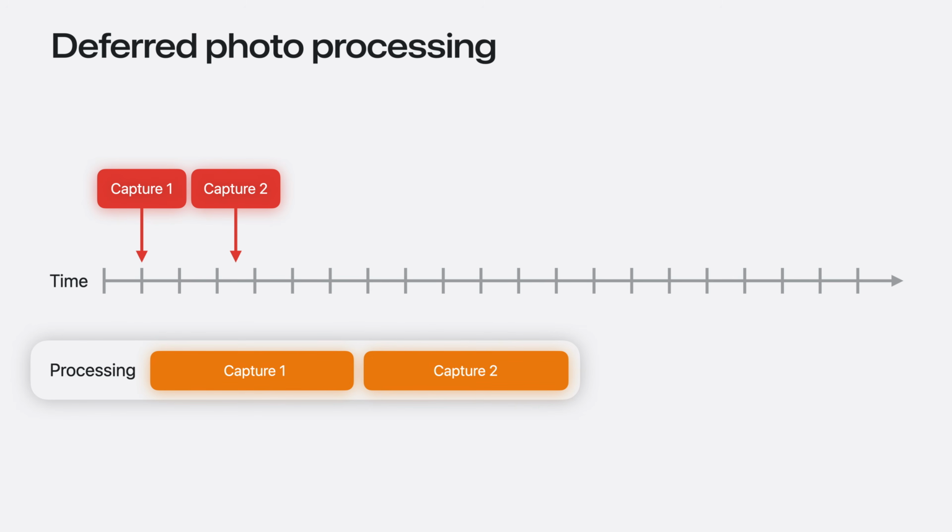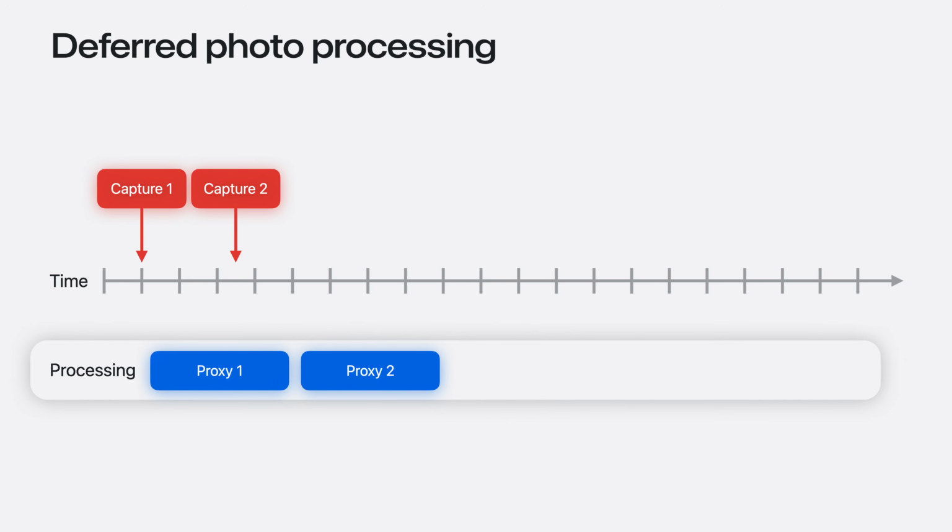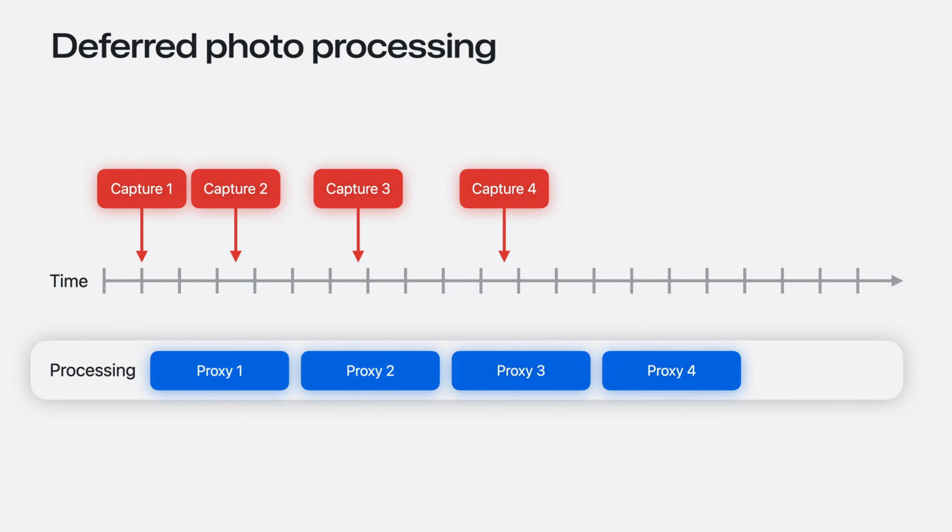Enabling deferred photo processing significantly improves responsiveness by reducing the processing time blocking the next capture. This further reduces the shot-to-shot delay for all subsequent photos. You can now capture more high-quality photos in less time. With this approach, time spent on the processing stage shrinks significantly, while the capture stage remains the same.